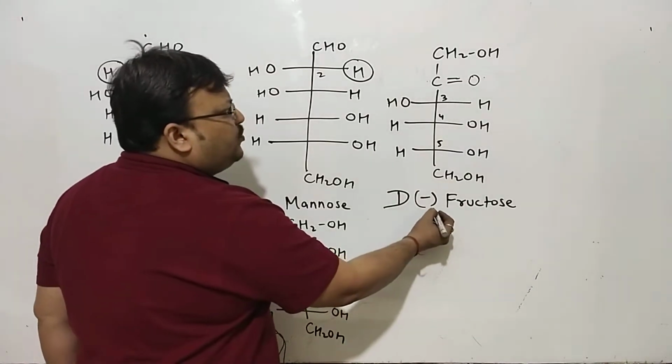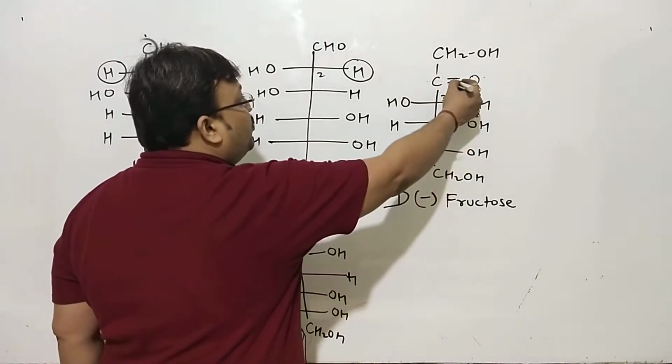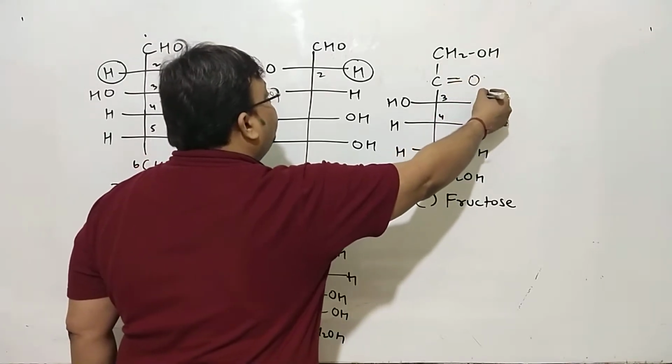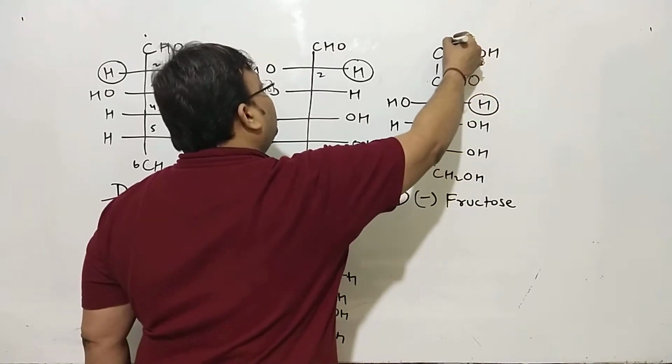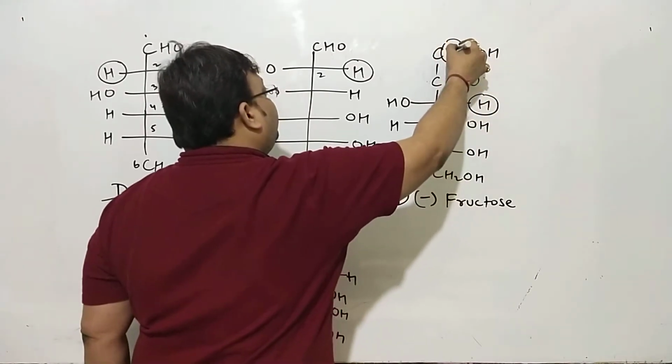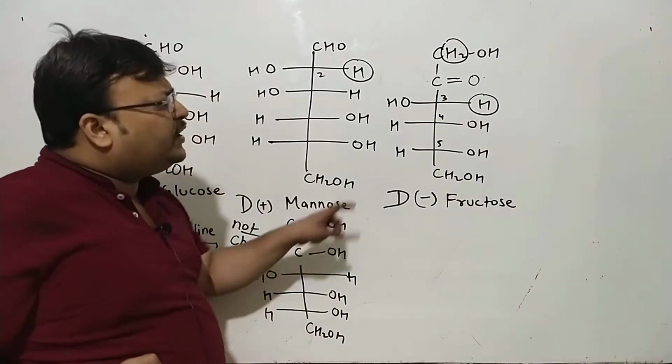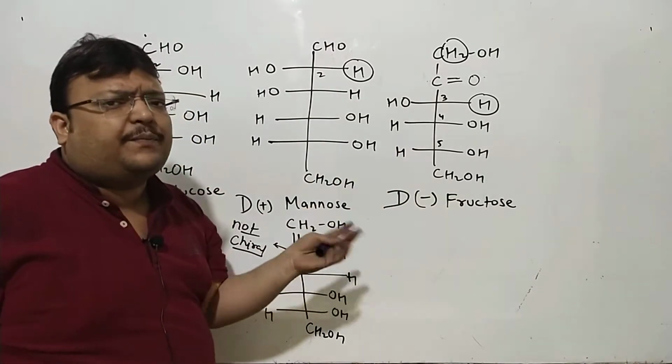Talking about fructose, this will become OH, and it can use this hydrogen as well as this hydrogen, because this is an alpha hydrogen and this is also an alpha hydrogen. So here two enols are possible.